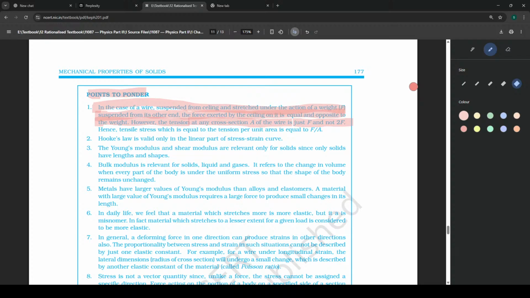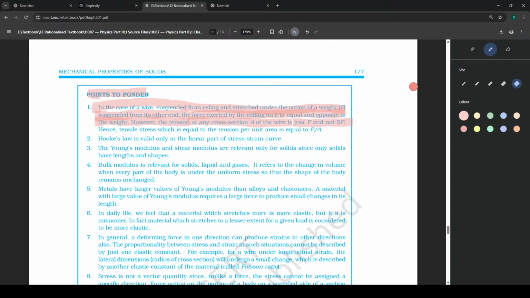Let's read it again. Assume a wire suspended from a ceiling, with one end fixed there, and a weight attached to the other end. The weight F acts downwards, and the wire is stretched under this weight.